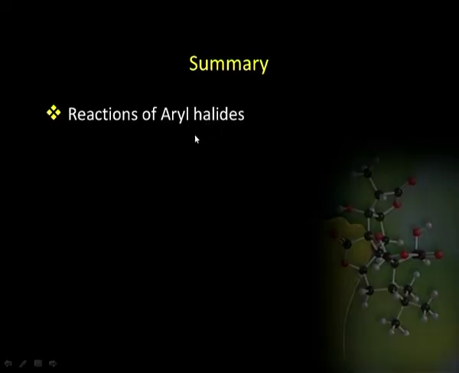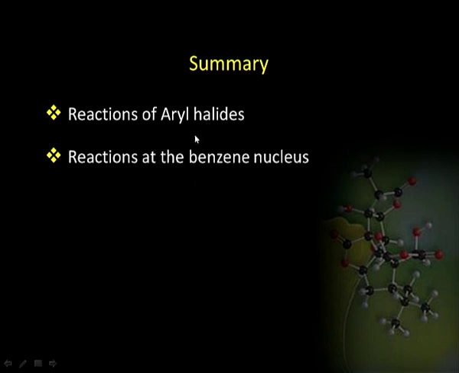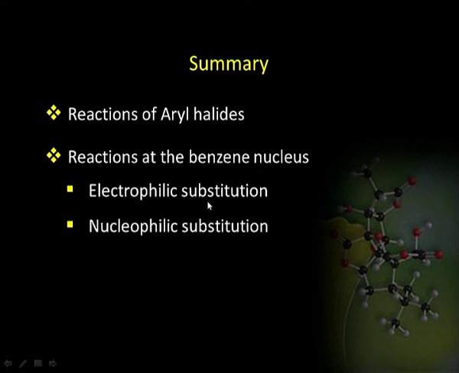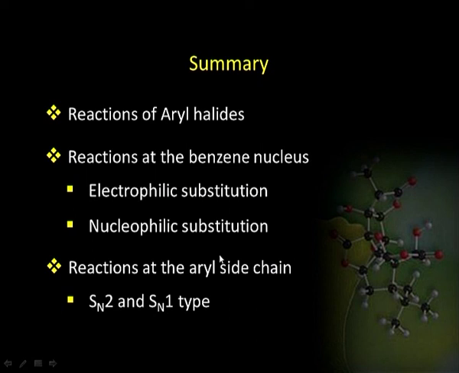We have taken up the reactions of aryl halides, and the aryl halide reactions can be categorized into the reactions at the benzene nucleus, which was covered under electrophilic substitution and nucleophilic substitution reactions, and the reactions of aryl halides include the reactions at the aryl side chain also, and we saw how these resemble the SN2 and SN1 type of reactions in alkyl halides.